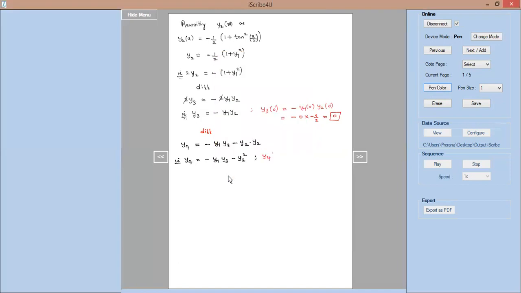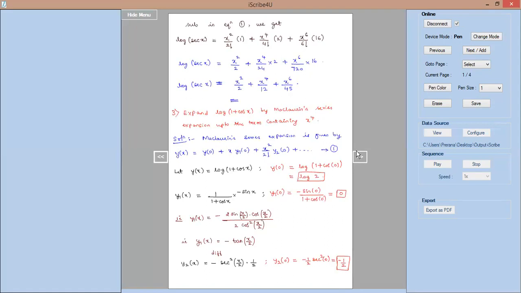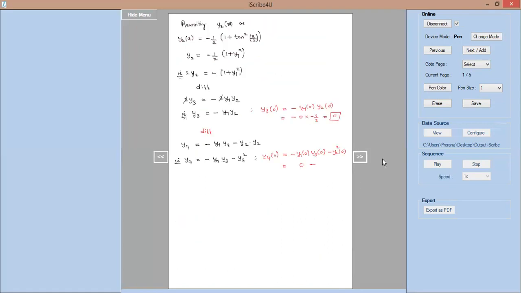So y4 of 0 will be minus y1 of 0 into y3 of 0 minus y2 of 0 whole square. y1 into y3, y3 is 0, so the first term will be 0 minus y2 of 0 whole square. y2 of 0 is minus half, so we have minus half square. So this will be minus 1 by 4 for us.